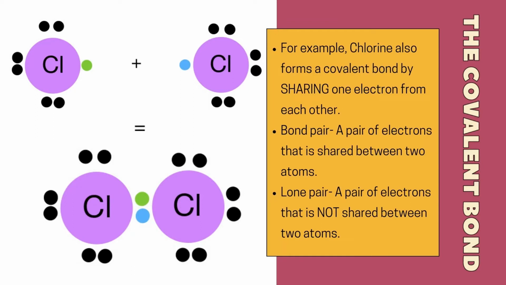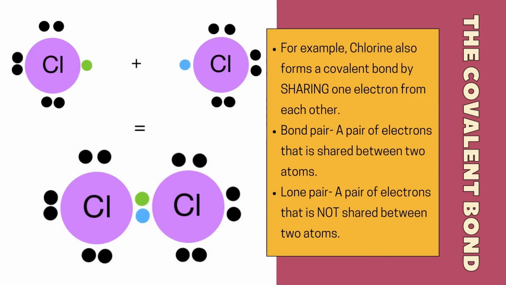Now, can you look at the green dot, on this right side? This one only participates in the chemical bonding and the rest of it does not. These black dots, these are what we call lone pairs. These are pairs of valence electrons that are not included in the covalent bonding.